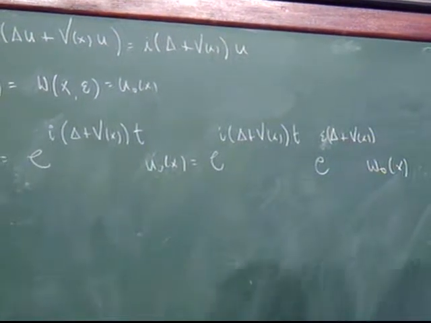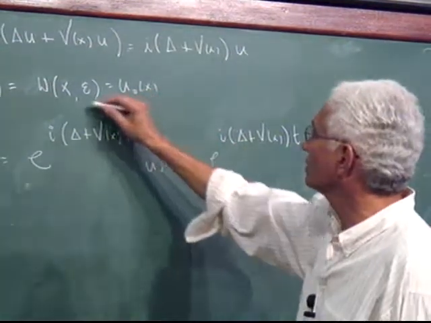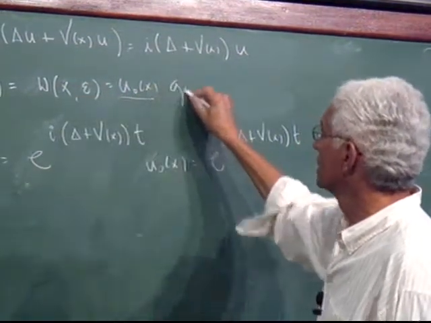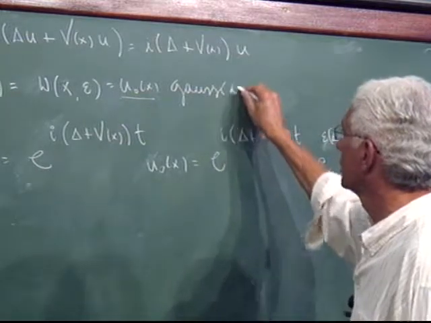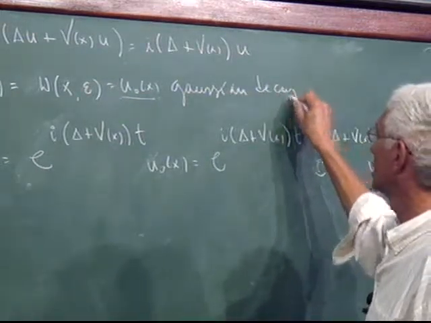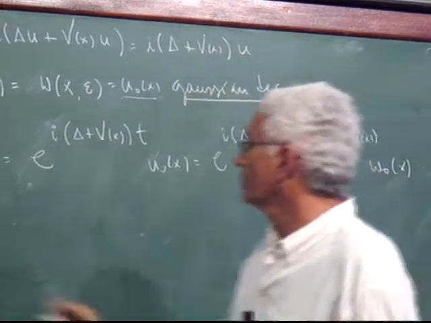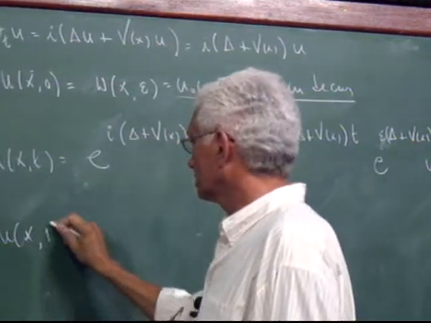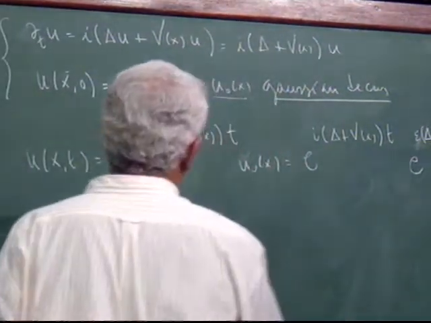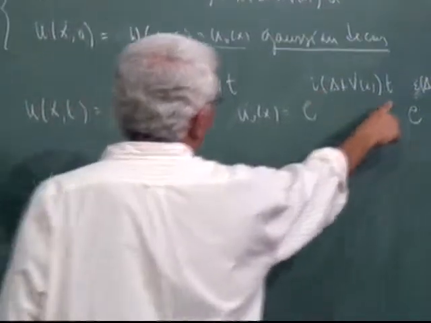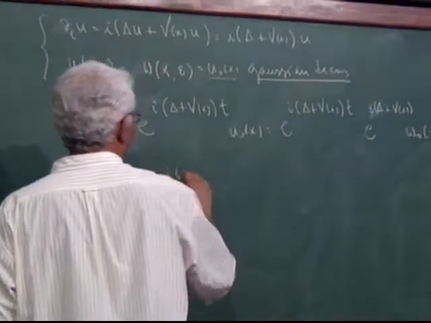Then at the time 1, this has Gaussian decay. Therefore, u at the time 1 is just e, put 1 here.